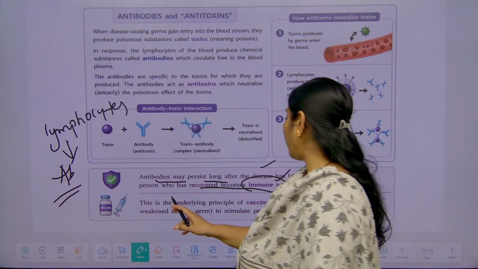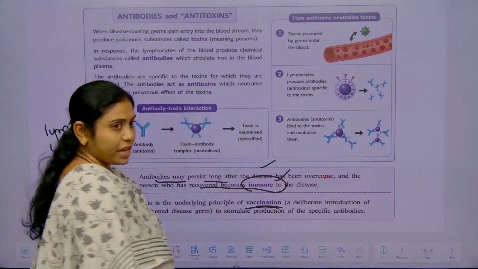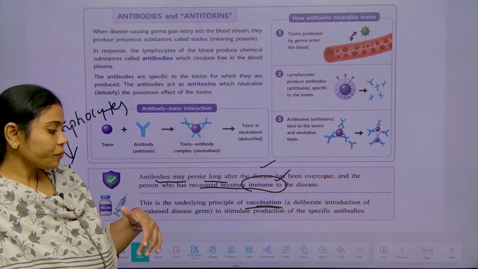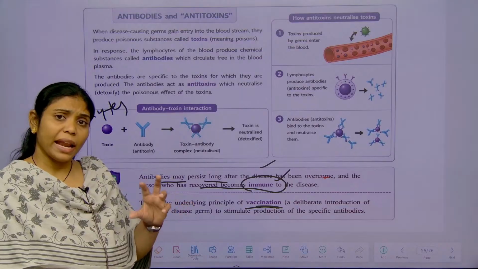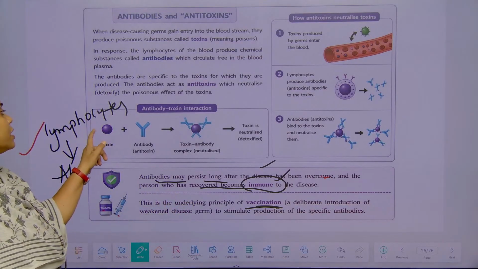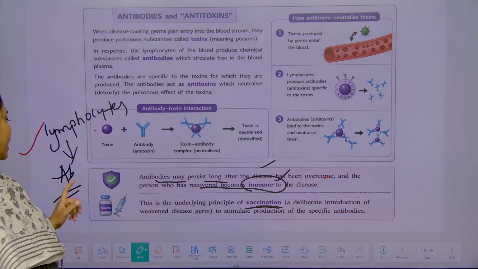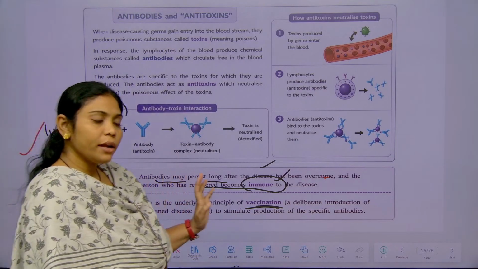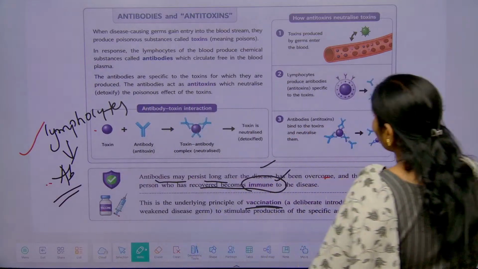This is the main principle of vaccination. Even if a live pathogen enters, these lymphocytes react and start producing the antibodies. So this is the mechanism.